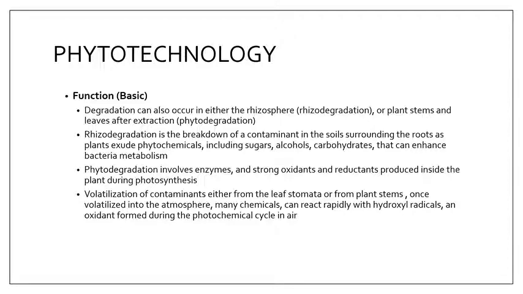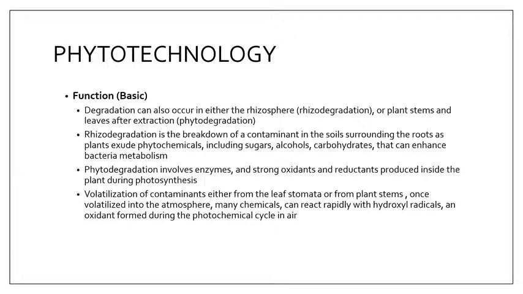Now, the other process is the volatilization of contaminants, and this occurs in the leaf stomata or in the plant stems. All right. Now, note the added benefit of having the plants volatilize their contaminants.